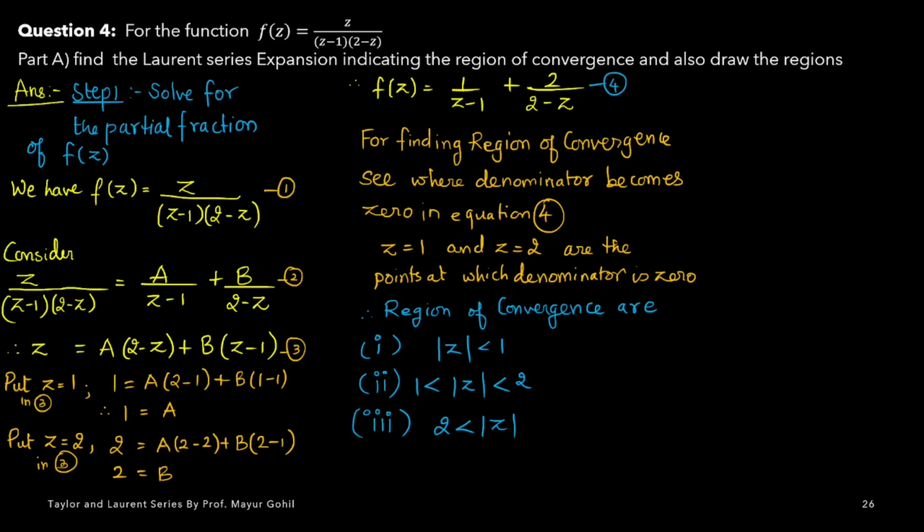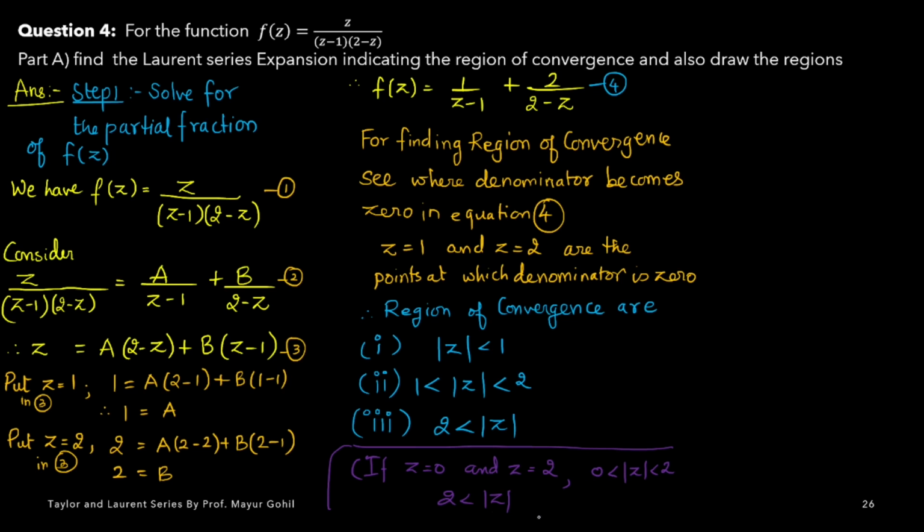In that case you will get only two regions: 0 is less than mod z less than 2, and the other region, 2 is less than mod z.